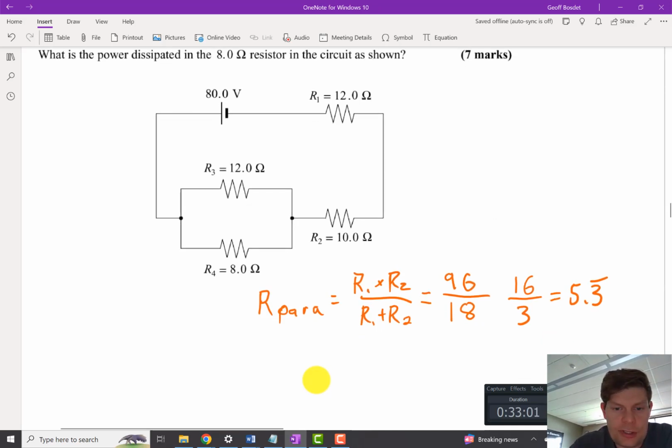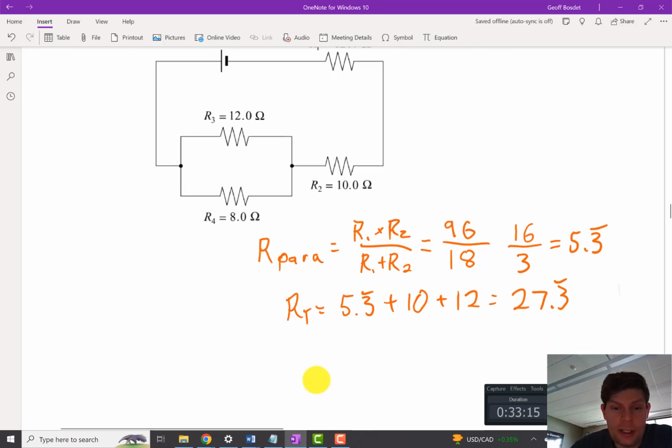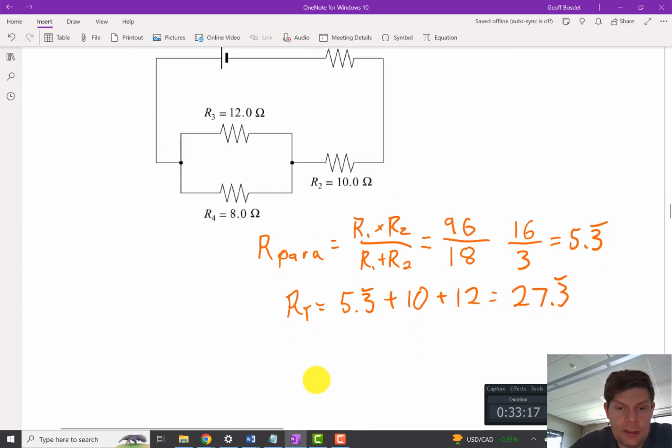Our total resistance is equal to 5.3 plus 10 plus 12, which gives us 27.3 repeater. Our current will equal our total voltage divided by our total resistance, or resistance, not current.